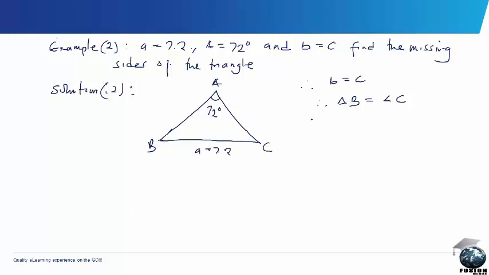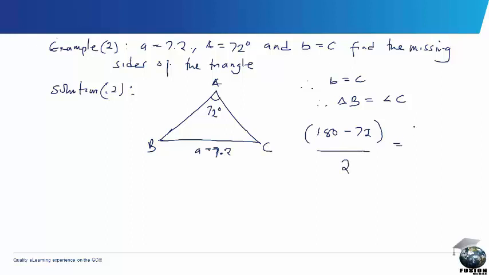If the angles are the same, all we have to do is subtract 72 from 180 and then divide by 2 to find the two angles.